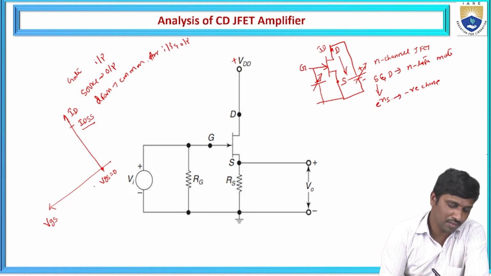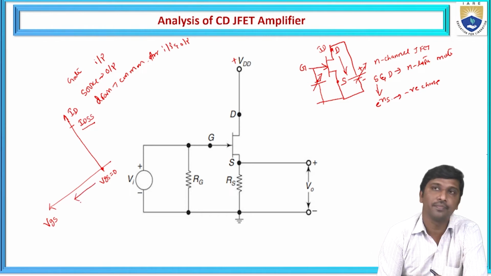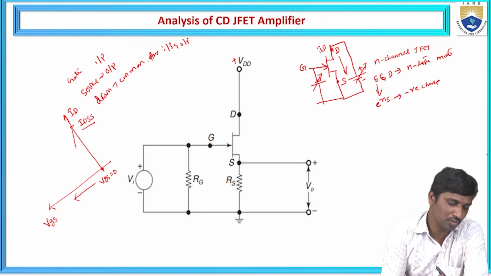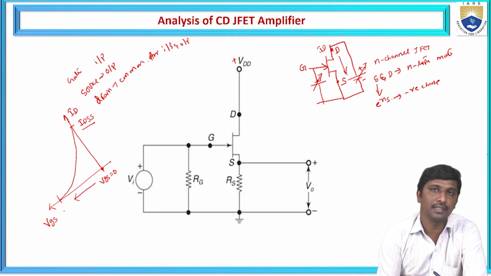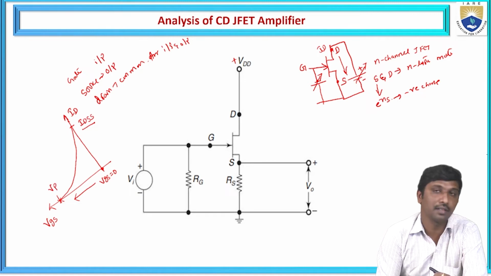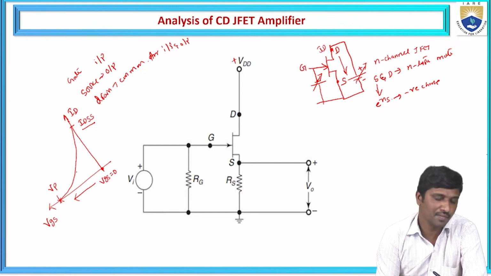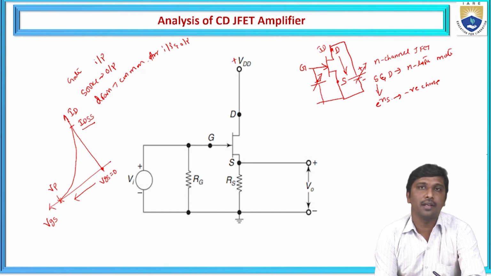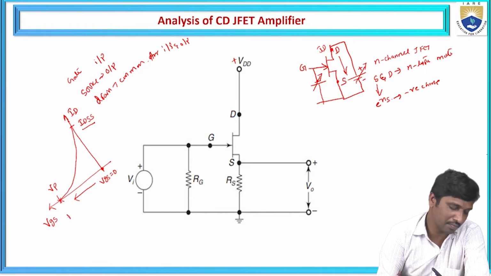Whenever VGS is reduced from zero, towards the negative direction, the drain current is also reduced. At a very large reverse voltage, the voltage at which the drain current becomes zero is called the pinch-off voltage.